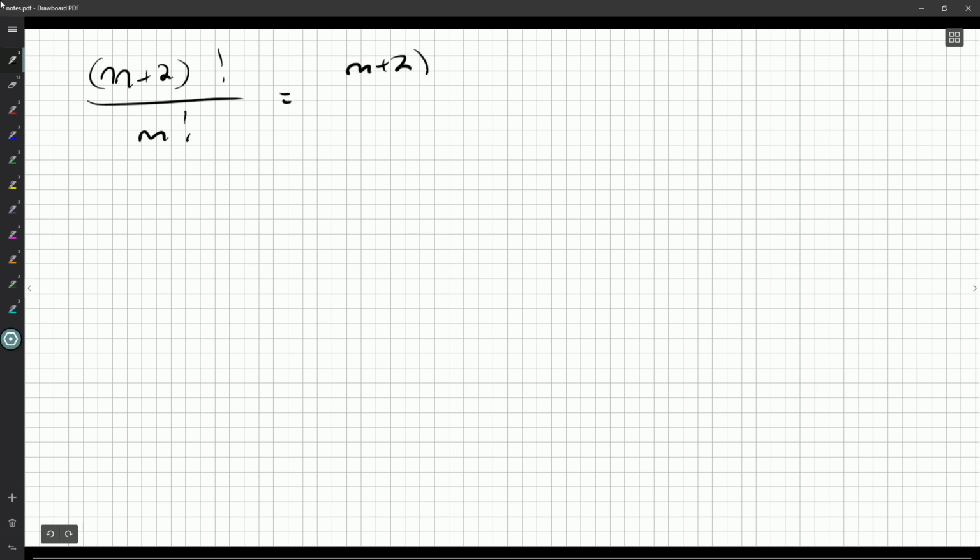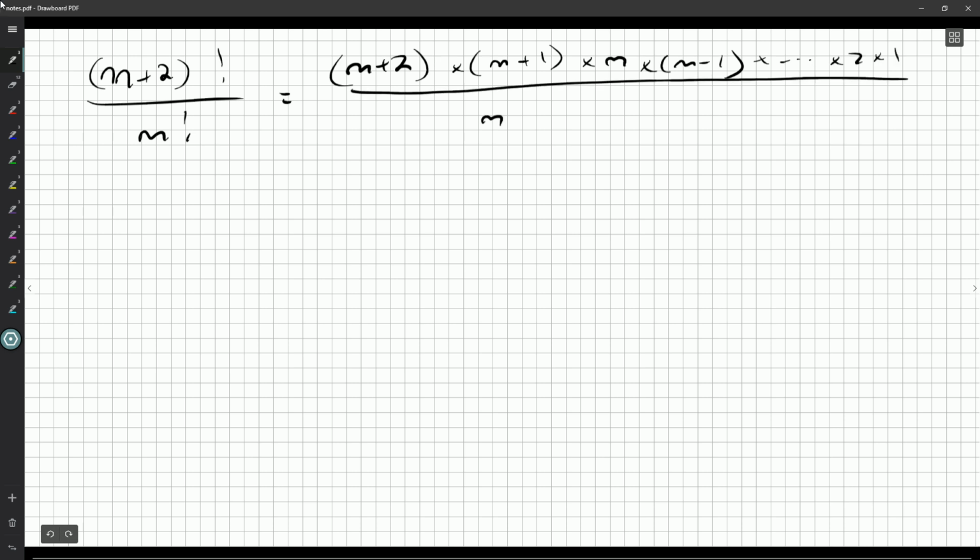So what we might be able to do is say m plus 2 factorial on top, m factorial on the bottom. m plus 2 factorial will do m plus 2 times m plus 2 minus 1, which is really m plus 1, times m, times m minus 1, and just keep going down, times 2 times 1. But on the bottom, m factorial is m times m minus 1 times m minus 2, all the way down to times 2 times 1.